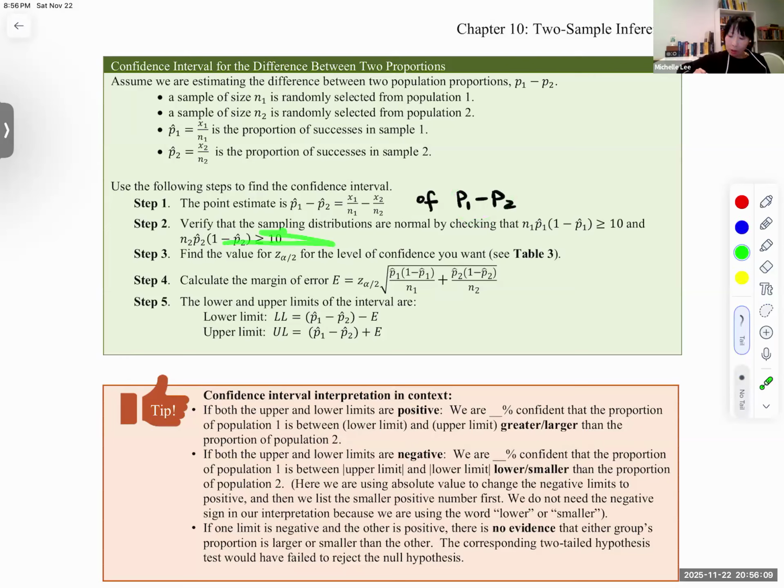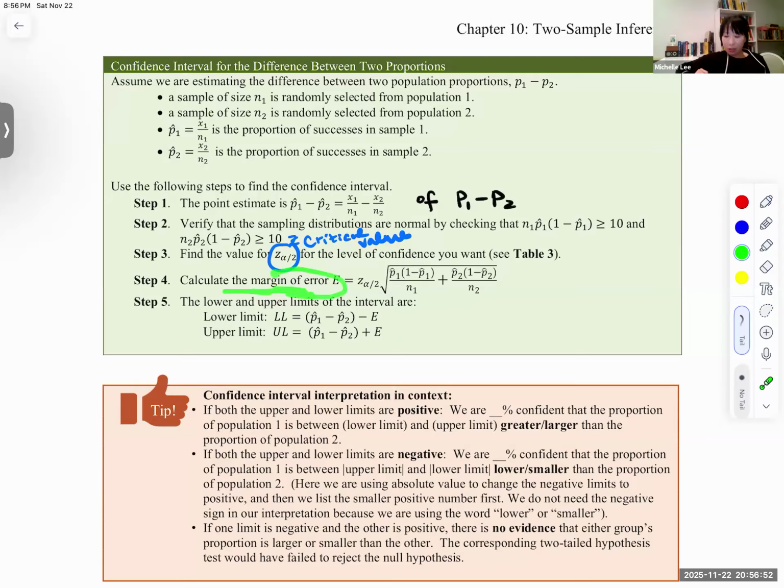All right, so verify normality, we did earlier, right? And then the test statistic, this one is the critical value, the Z critical value, right? I made a mistake earlier with the sequence, so don't get confused. It is the Z critical value. All right, then we have the margin of error.